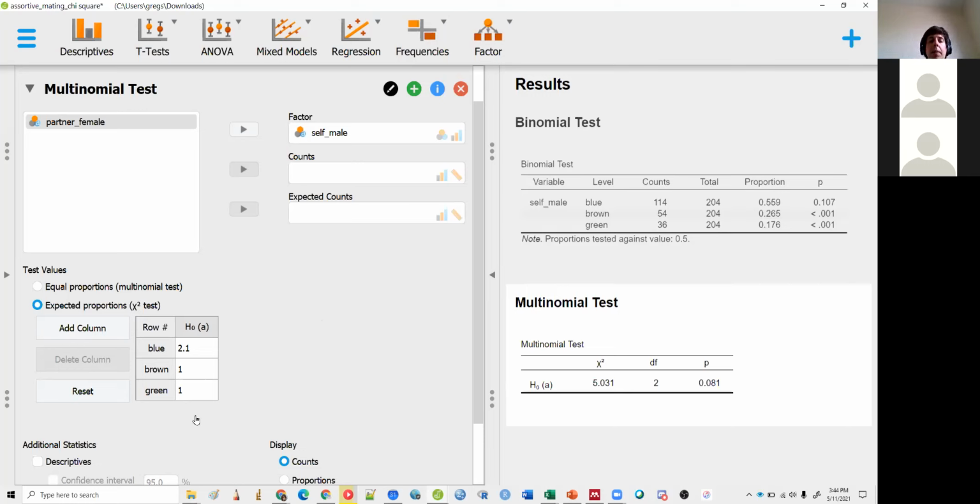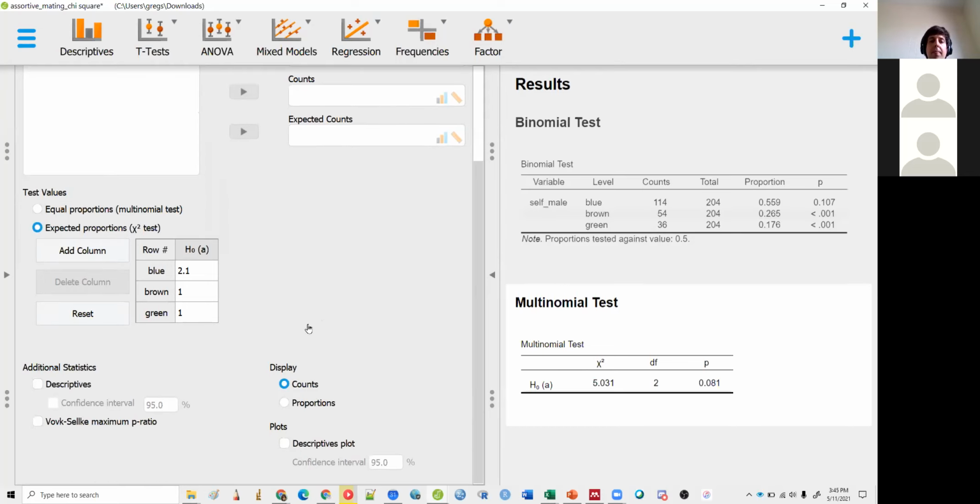On people's driver's licenses, it says what eye color people have. You might be able to get the data scrubbed of people's individual information just to see what the proportion of blue, brown, and green eyes are in the general population or people who have driver's licenses. And let's say you find out in your example that blue eyes are the most common in the population by about twice as much, a little more than twice as much.